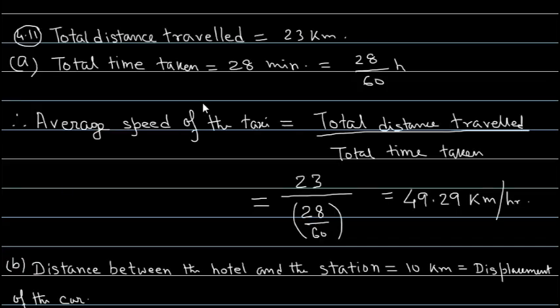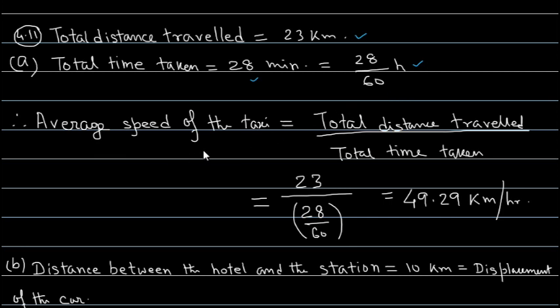Are the two equal? So according to the question, the total distance traveled is 23 kilometers. Total time taken is equal to 28 minutes. We have converted 28 minutes to hours by dividing by 60, because 60 minutes is equal to 1 hour.